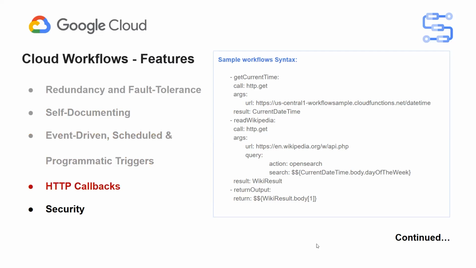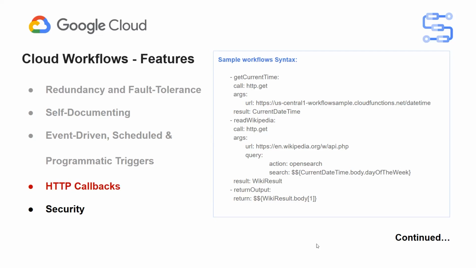HTTP callbacks. Workflows provide HTTP callbacks, allowing you to create unique callback URLs inside your workflows and wait, with a configurable timeout of up to one year, for the URLs to be called, receiving the HTTP request data in your workflow.